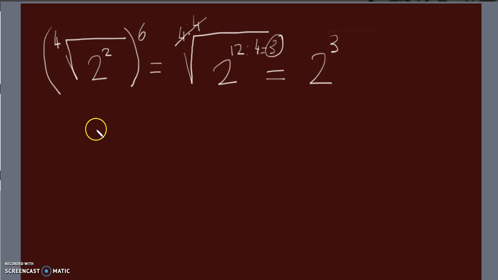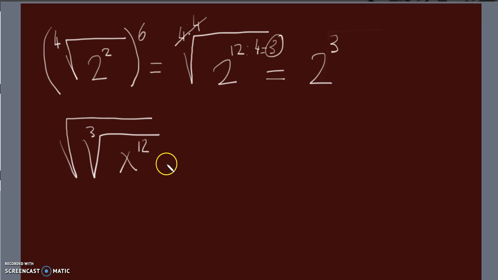Okay, let's see another example, now with multiple radicals. I'm going to write a letter now: x to the power of 12. So we have to simplify this.